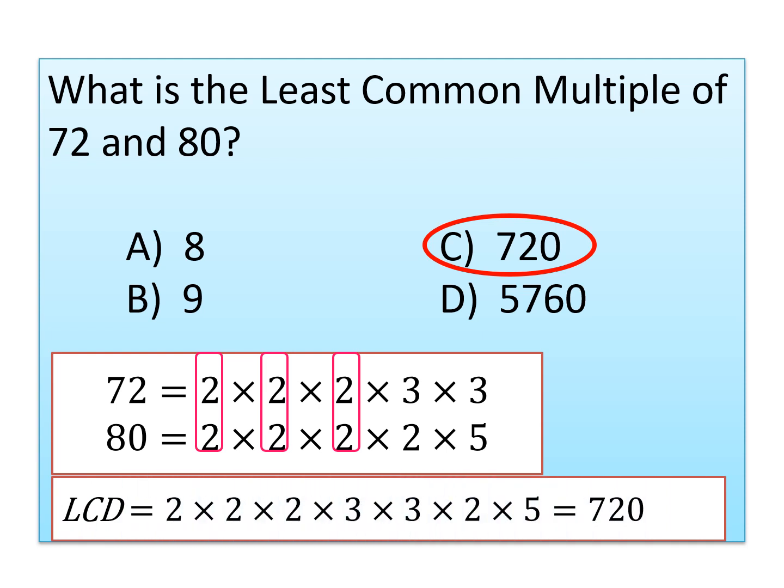So the LCM is 2 times 2 times 2 times 2, which is the GCF, or the greatest common factor. And then here 3 times 3 times 2 times 5. So if you multiply those numbers, the resulting number is 720.